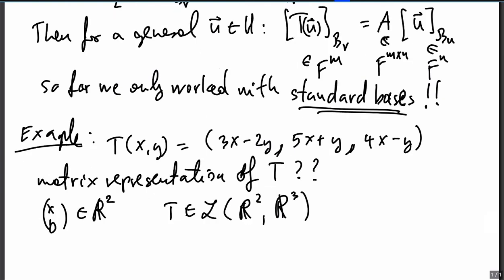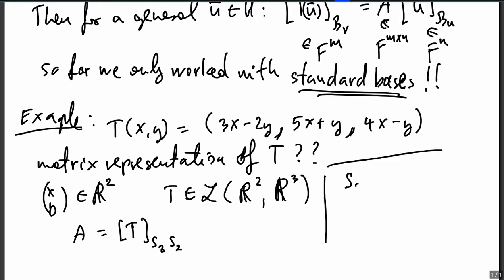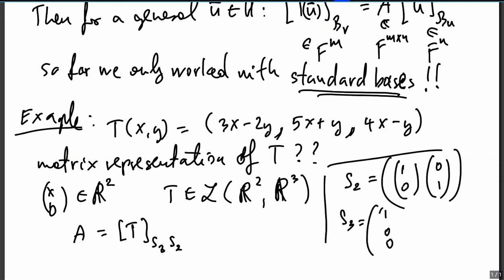Then the definition of A, the matrix representation of T in the standard basis, we start with the codomain basis, so it's S3, and then the domain basis S2, where the standard basis S2 is (1,0), (0,1), and S3 is (1,0,0), (0,1,0), (0,0,1).